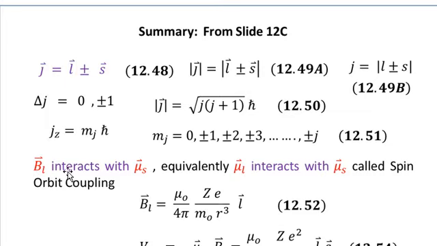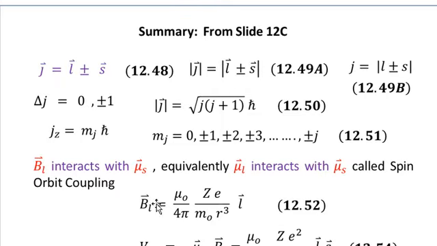And you know that there is one magnetic field which we call the BL magnetic field. This BL magnetic field arises due to the motion of the electron about the nucleus, and its relationship has been shown in equation number 52. That is, BL, the internal magnetic field created due to the motion of the electron, is mu naught over 2 pi into Z e over m naught r cube into the L vector.